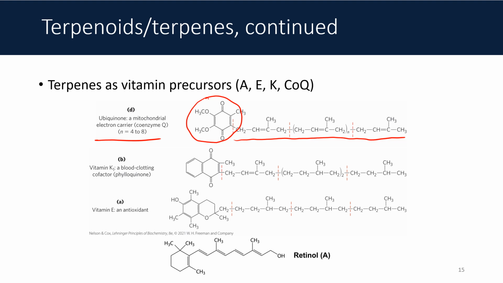The hydrophobic character of the isoprene units shown there is what ultimately helps dissolve and anchor that portion of the molecule to the inside of the inner mitochondrial membrane. And that's what ultimately allows electrons to be ferried between complex 3 and complexes 1 and 2.